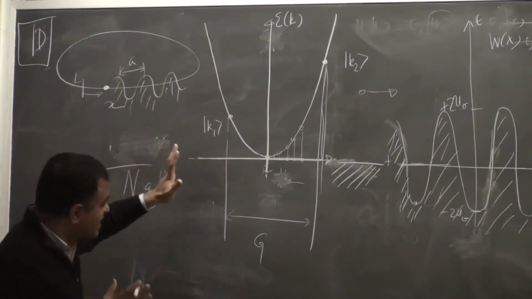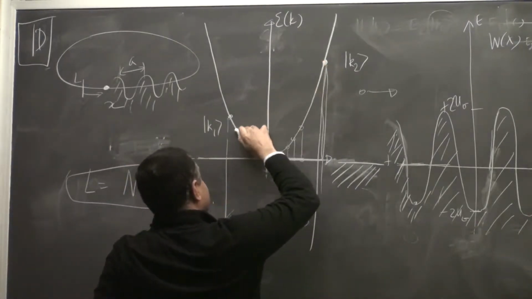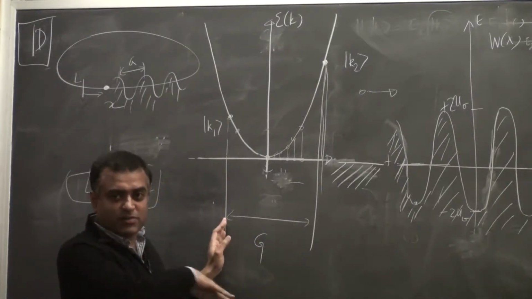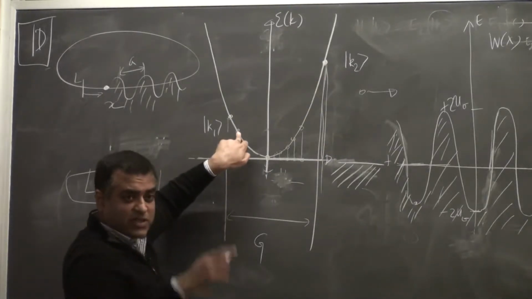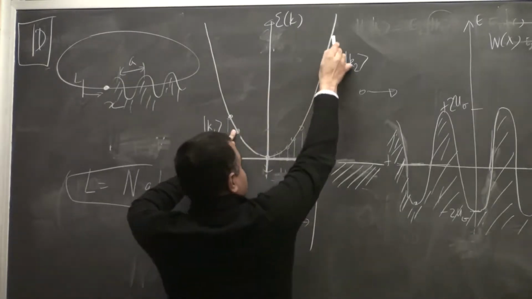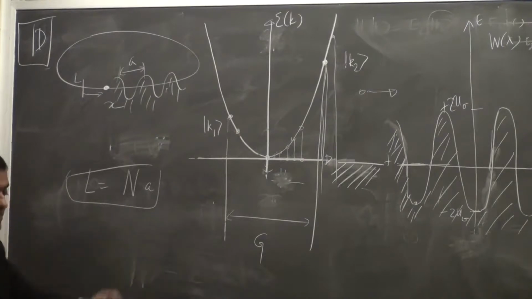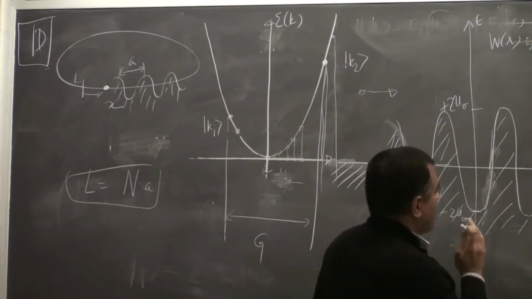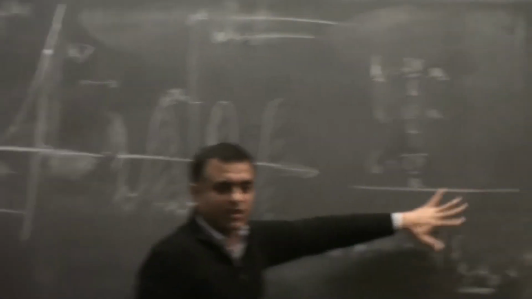And what it is also saying, very importantly, is if I take any other two states that are not separated by G, they're not going to talk to each other, they're going to be unperturbed. That's physically what it's saying, they don't get coupled, right? But this state will get coupled to another state which is G away. Does that make sense? So as long as they're separated by G, they get coupled. Is that clear? Any questions here?